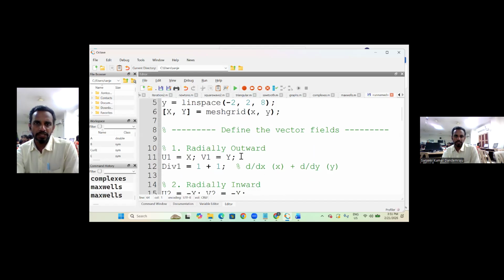One is radially outward, u1 is equal to x, v1 is equal to y. So like that. Let's say if I simplify it.